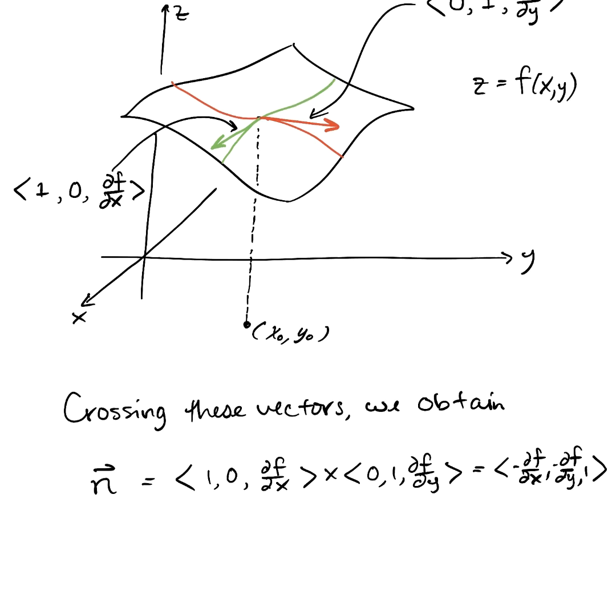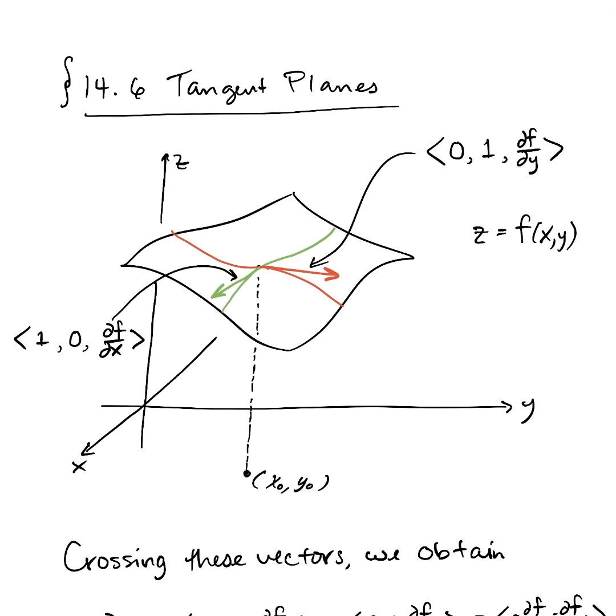On our picture, that vector is here in blue. Where it makes a 90-degree angle with both the red and the green, and so serves as the perfect normal vector for the tangent plane we're trying to build.